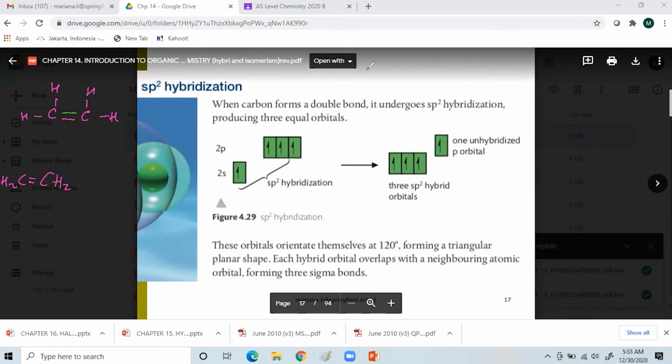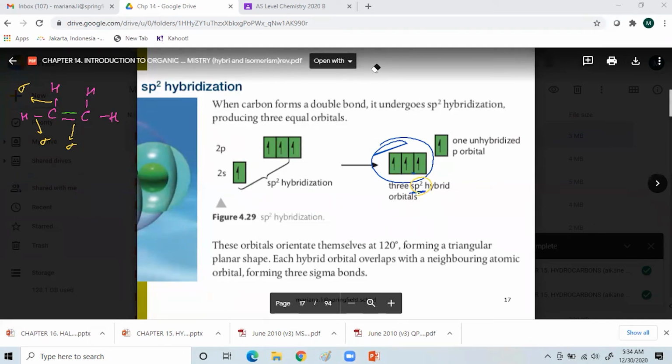But the hybridization process is only between one s and 2 p orbitals, to make the sp2 hybrid orbitals, since it just needs to make 3 single covalent bonds for each carbon. So this is sigma, this is sigma, this is sigma. Since there are only 3 sigma bonds on one C, the hybridization is sp2.